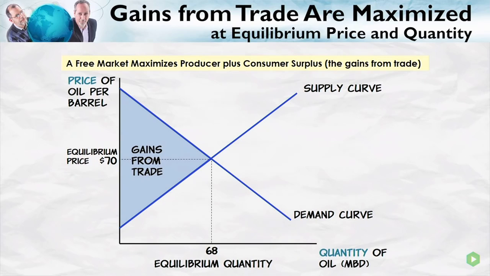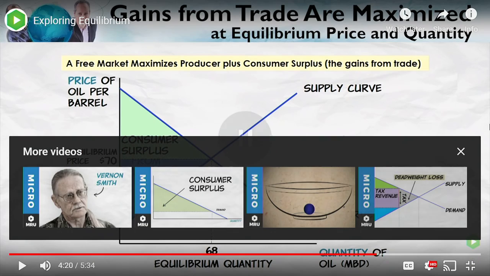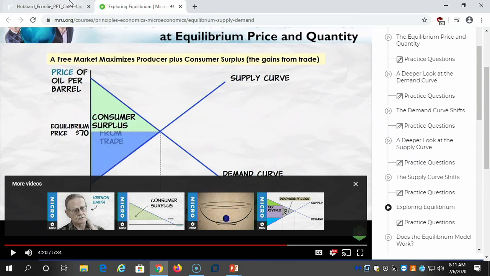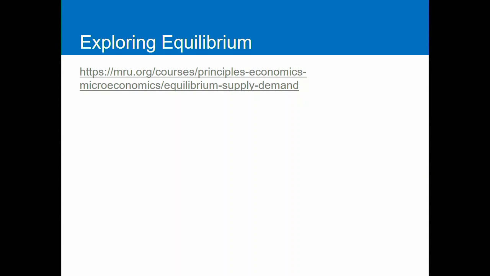Remember also that the gains from trade can be broken down into two parts: the consumer surplus and, of course, the... We'll stop here because we haven't covered producer and consumer surplus yet. That will be a later chapter. But that was another review on what we went over last class about how equilibrium works and how the invisible hand of the market moves us towards equilibrium.